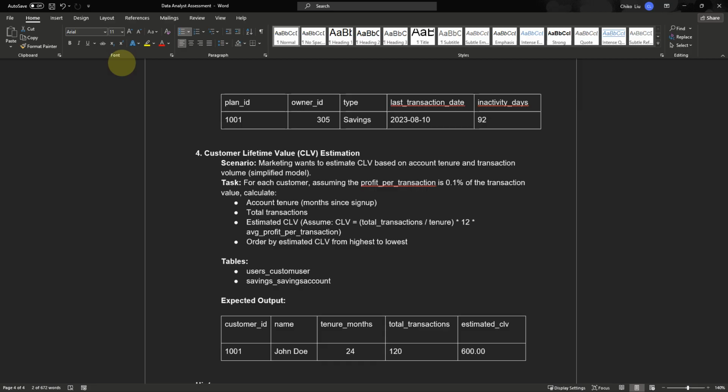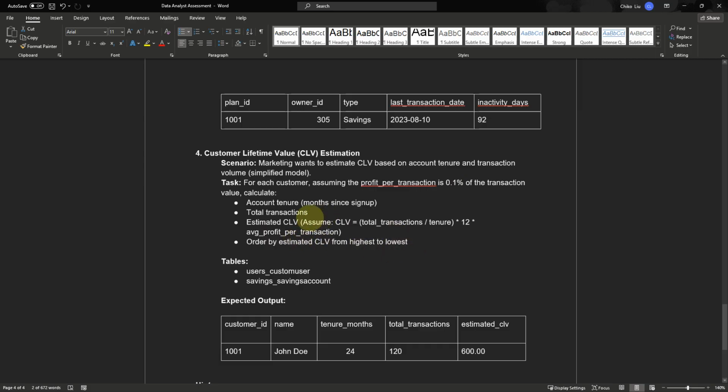Calculate account tenure, which is months from sign up to date, and total transactions per customer. They give the CLV as total transactions divided by tenure multiplied by 12, then multiplied by average profit per transaction, which is 0.1%, and order by estimated CLV.